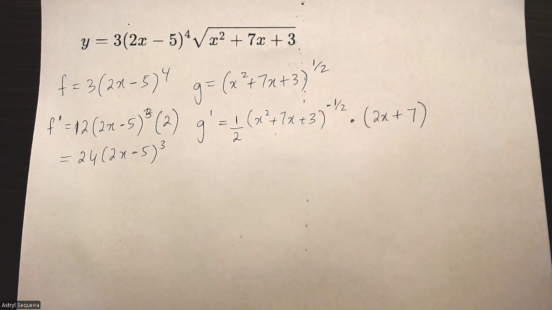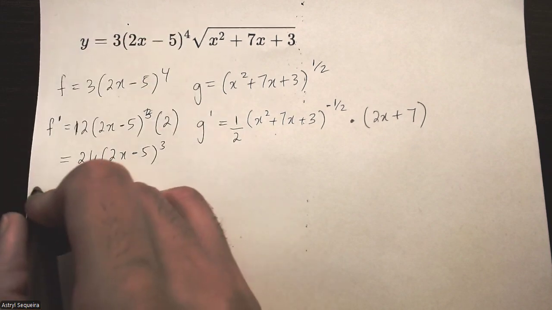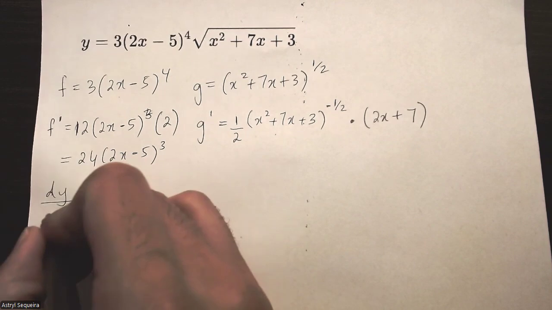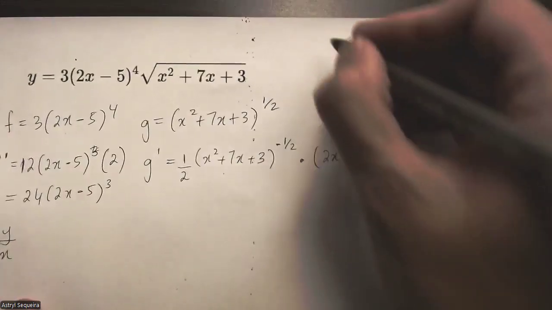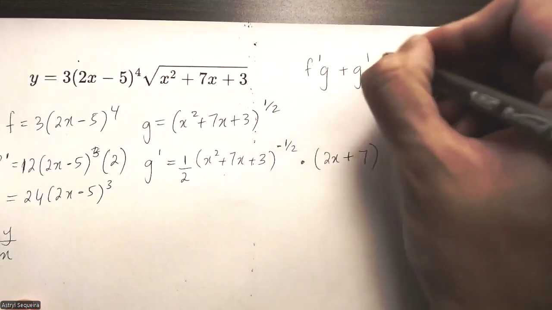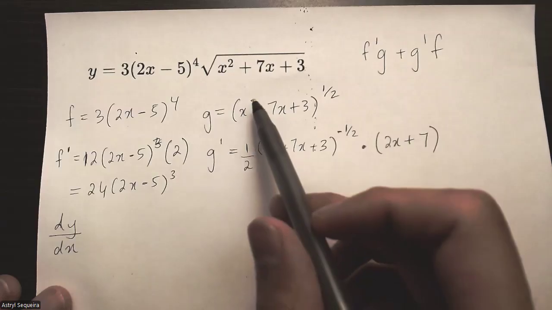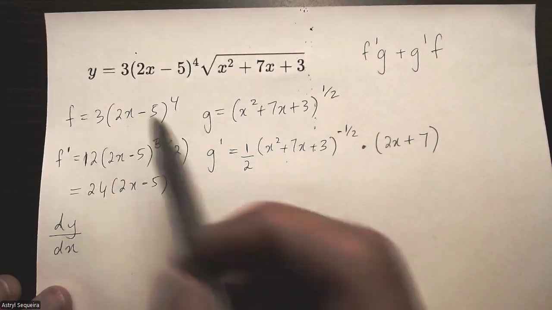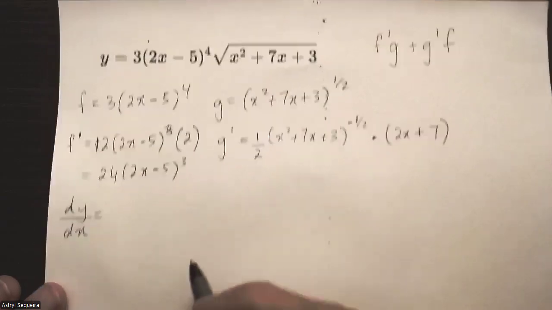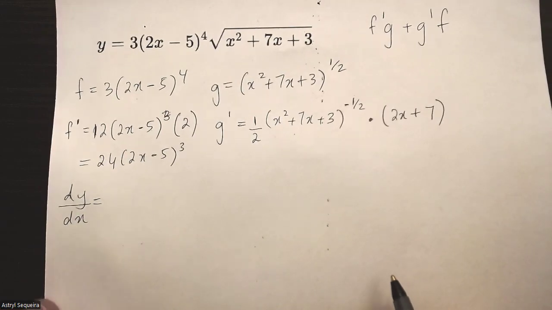And now I'm going to do my product rule. So the product rule is basically f prime g plus g prime f, which is basically you cross multiplying. So this times this plus this times that. I'm going to write it here. I might write it a bit small because this is going to take a lot of space.